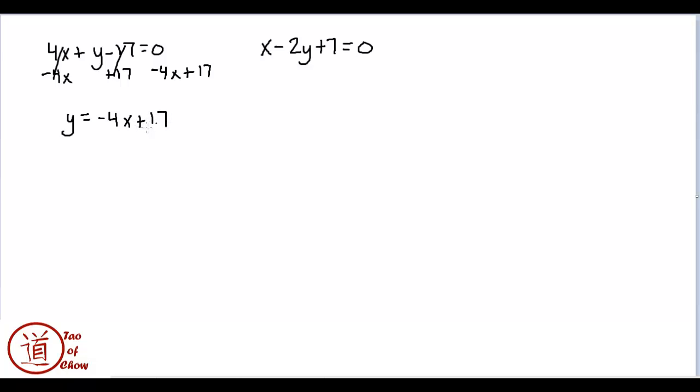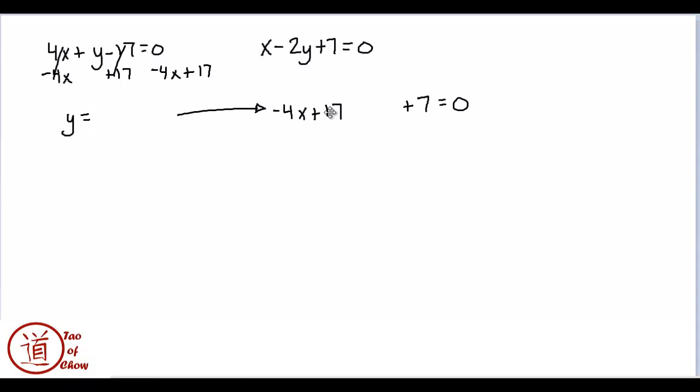Now over on this side I have x minus 2y plus 7 is equal to 0. However, I do know what y is. Y is negative 4x plus 17. So instead of y, I can just cut this out, because I know what y is.